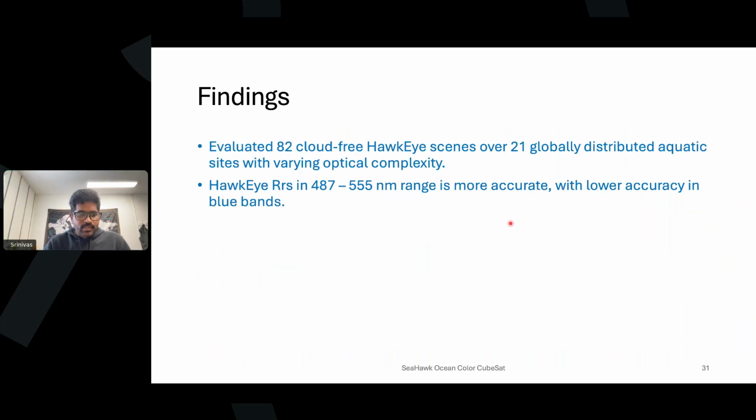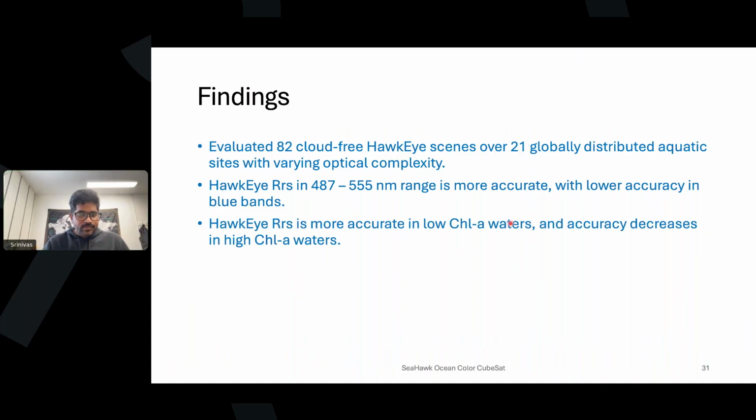So in this analysis, we evaluated 82 cloud-free Hawkeye scenes over 21 distributed aquatic sites with different and varying levels of optical complexity. And the Hawkeye data in 487 to 555 nanometers is more accurate as compared to the blue bands 412 and 443. We observed that Hawkeye's reflectance products are more accurate in low chlorophyll waters, and accuracy decreases towards high chlorophyll waters, but this might change if you use a different atmospheric correction method.